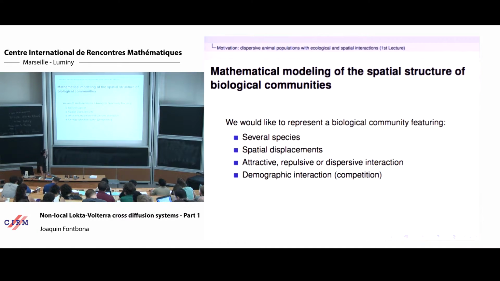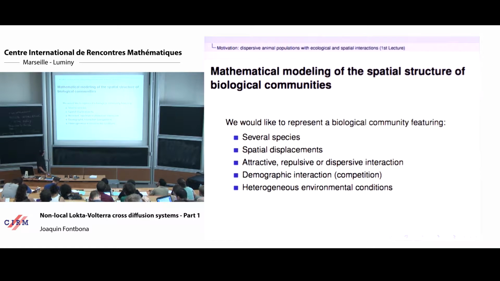As I mentioned, we are also interested in taking into account demographic interaction, which typically takes the form of competition for resources, for instance, and which has an influence on the way the total mass of the population grows or decreases.